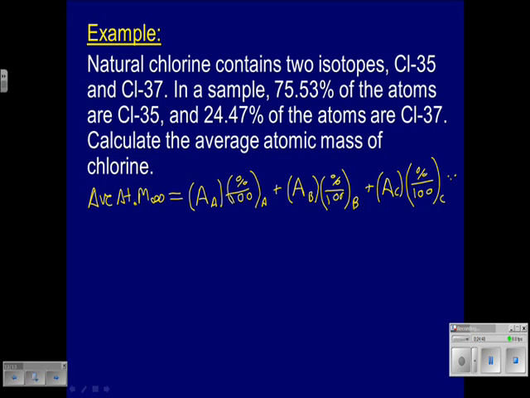I'm going to put a dot, dot, dot, because it depends if there are more isotopes or not.